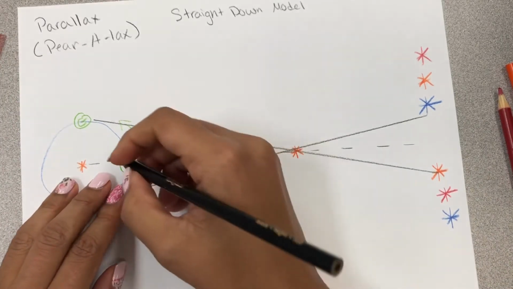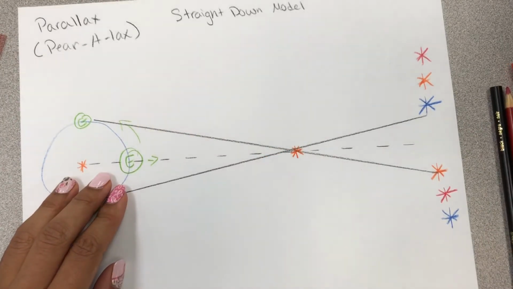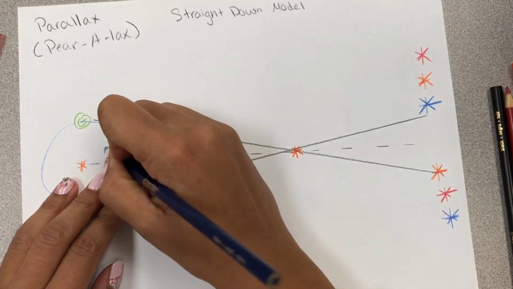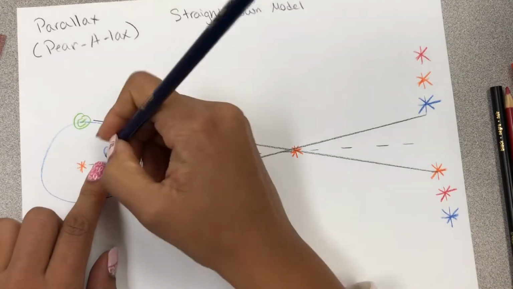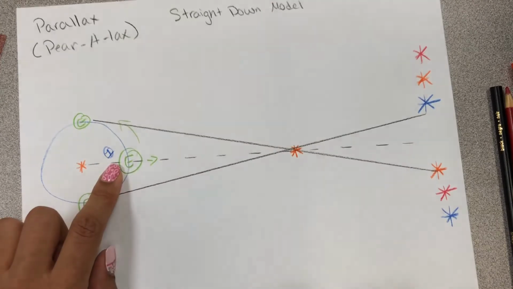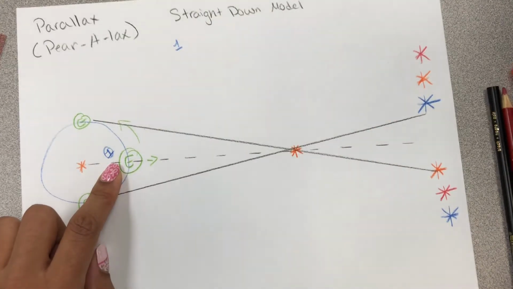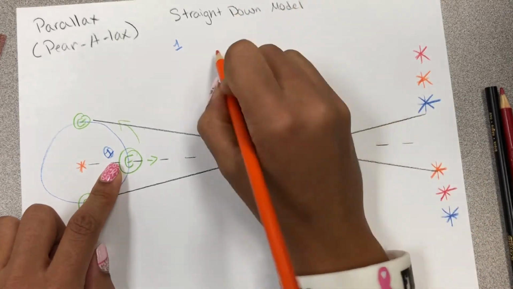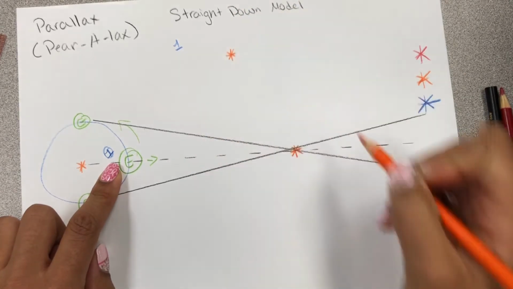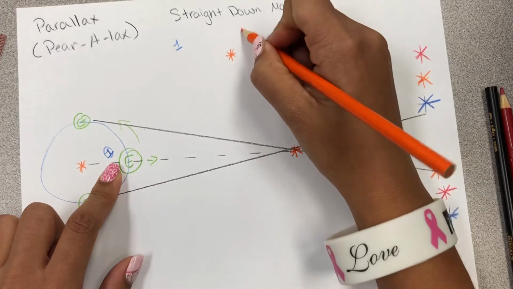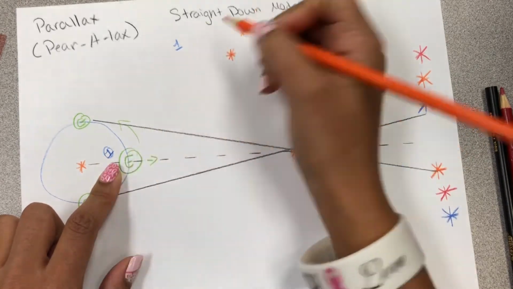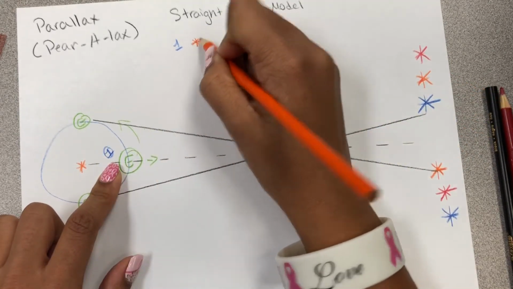So I'm going to use another color. I'm going to put a 1 right here. That doesn't look like a 1. There we go. 1. So in number 1, what I would see is the main star, and then I would see an orange star and another orange star.